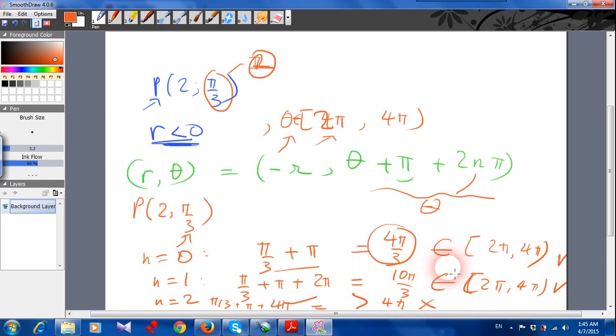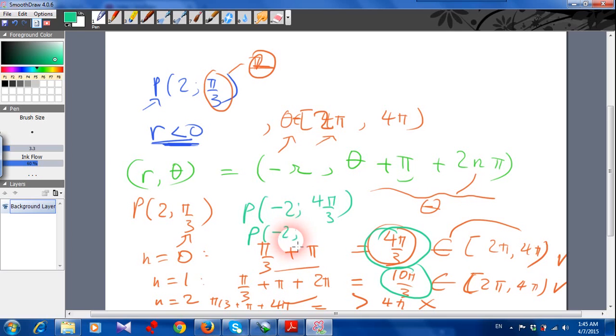So we have 2 points: this one here and this one here. P(3, 10π/3) and P(-2, 10π/3).